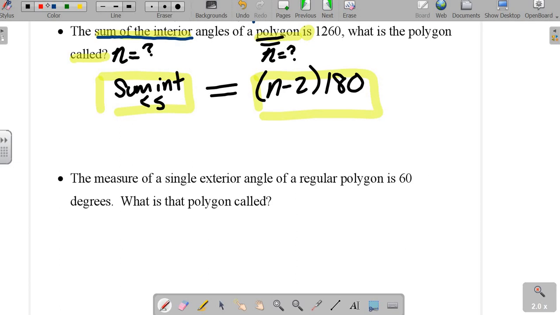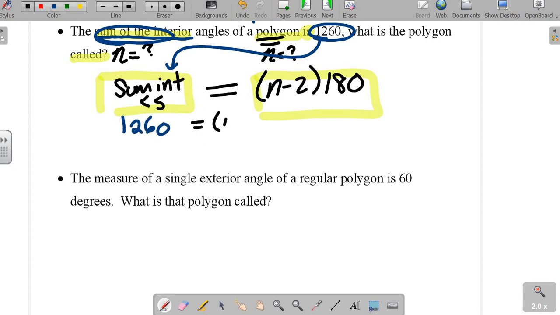There's our equation. Now, we look at what the 1260 is. The 1260 is not the n, it is the sum. So the 1260 goes over here, equals n minus 2 times 180.